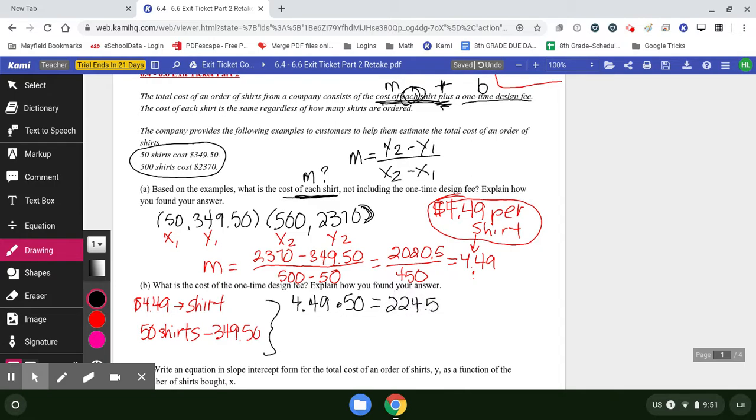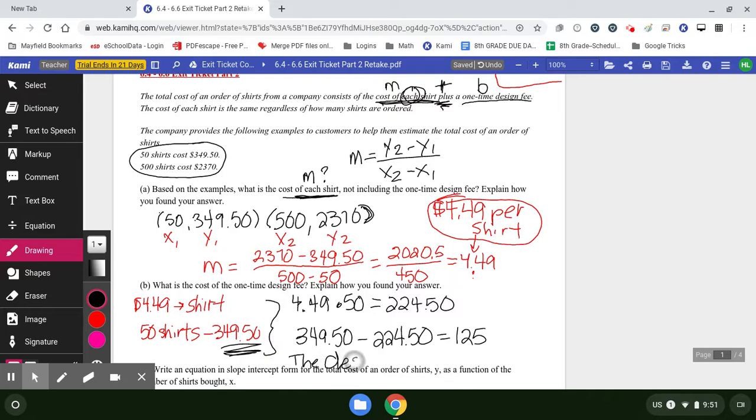I need to find out how much I spent on shirts, which comes out to $224.50. However, the total bill was this $349.50. So if I spent $349.50, but the shirts only cost me $224.50, what is left over? $125. So what is the design fee?